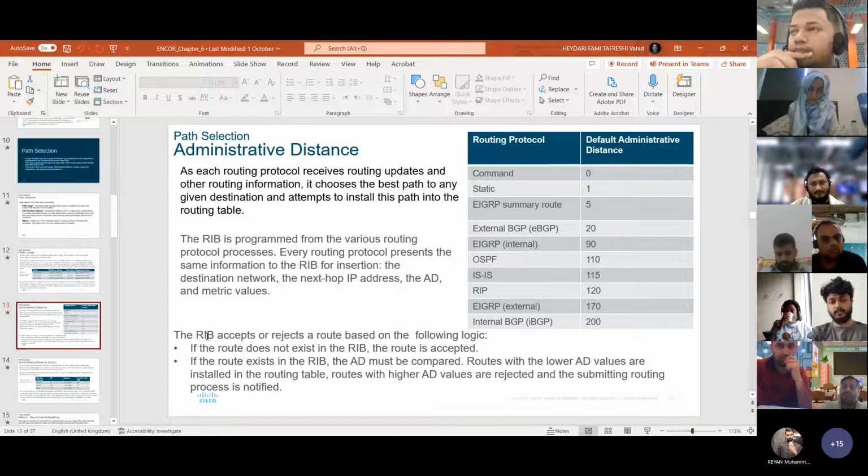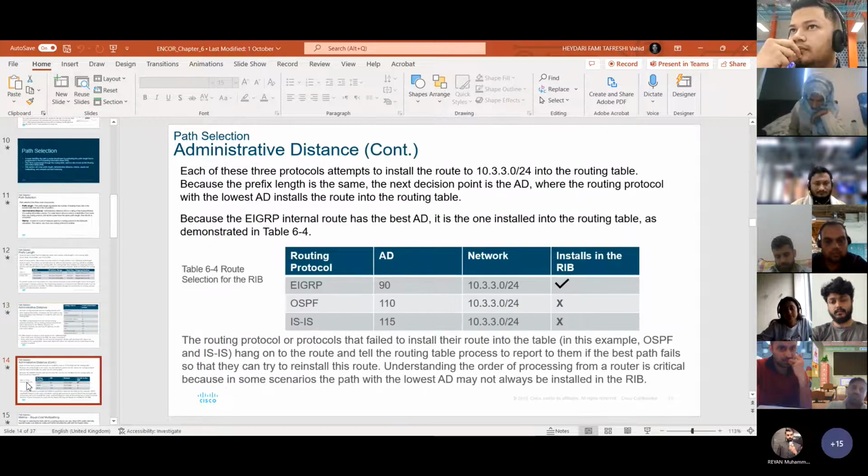If we don't have a better path, meaning that the AD for the update that I have received is higher than what we already have inside our routing table, then we are not going to install it, we're just going to reject it. So I think it should be very simple and should make sense.